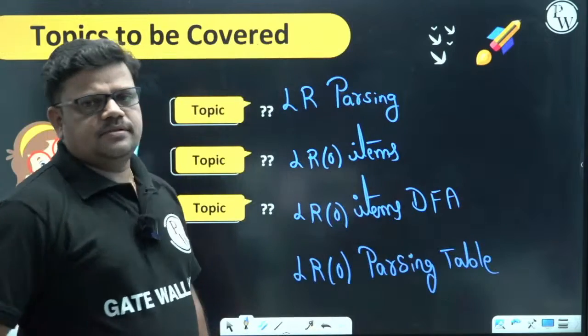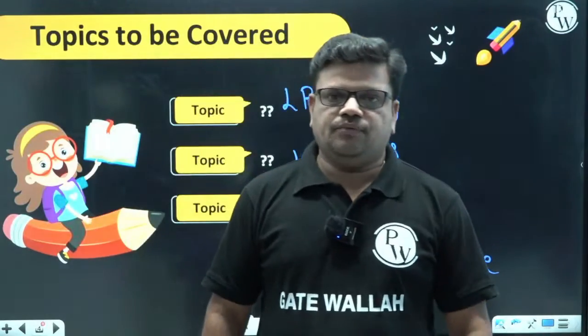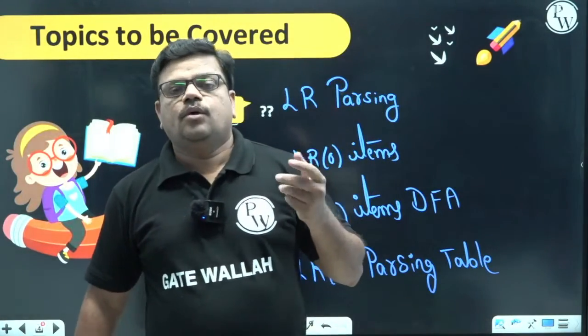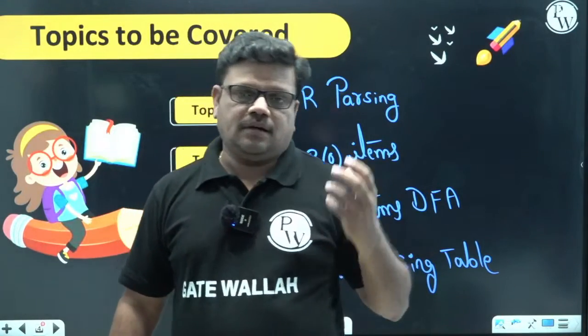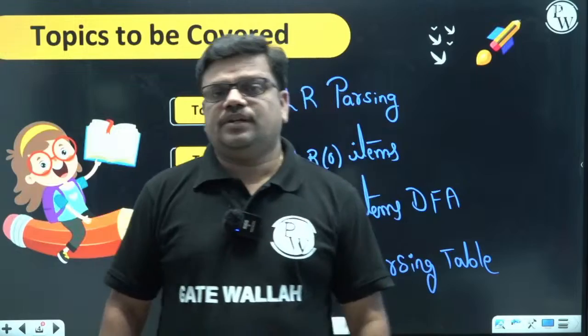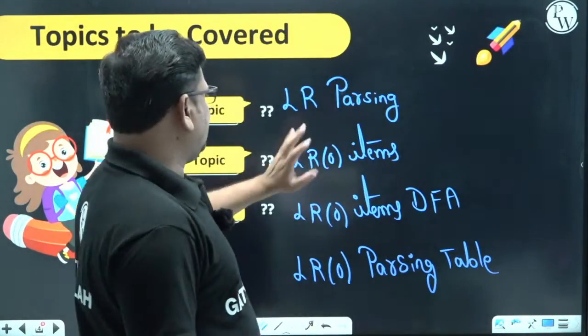So these are the topics we are going to discuss. In our today's lecture, mainly we are focusing on LR0 things. What is LR0 item? What is LR0 grammars? What is LR0 items DFA? What is LR0 parsing table? Mostly on this, completely on LR parsing methods.